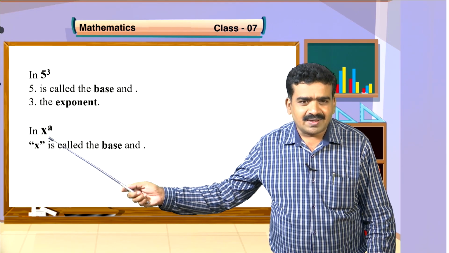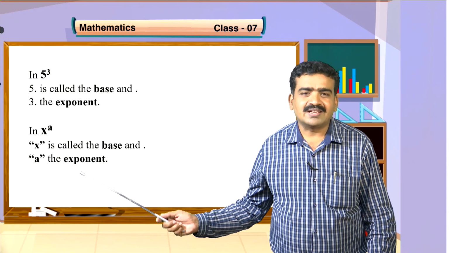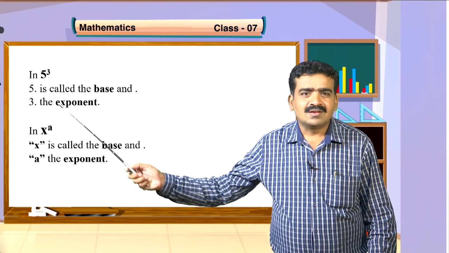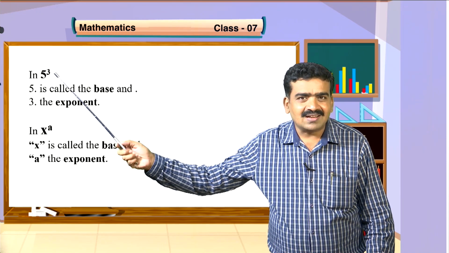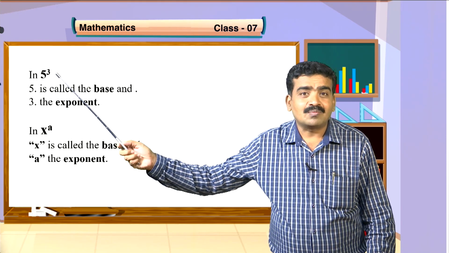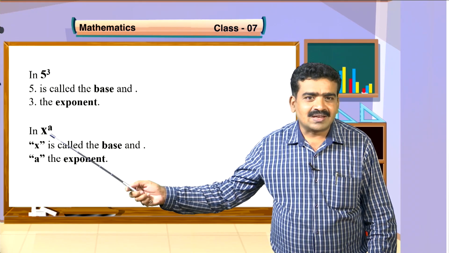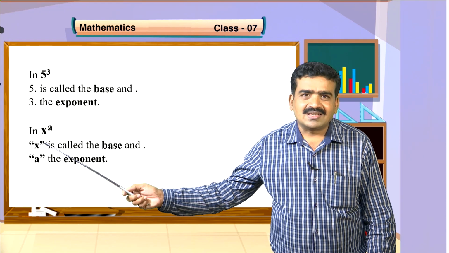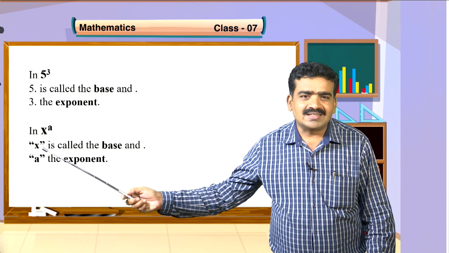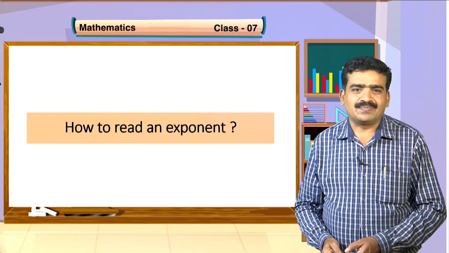Can you repeat again? What is 5 called? 5 is called base, and what is 3 called? 3 is an exponent or power. Similarly, in case of x to the power of a, x is called base and a is called exponent.